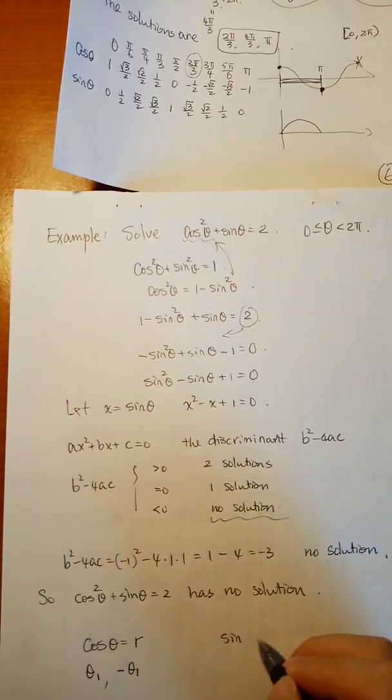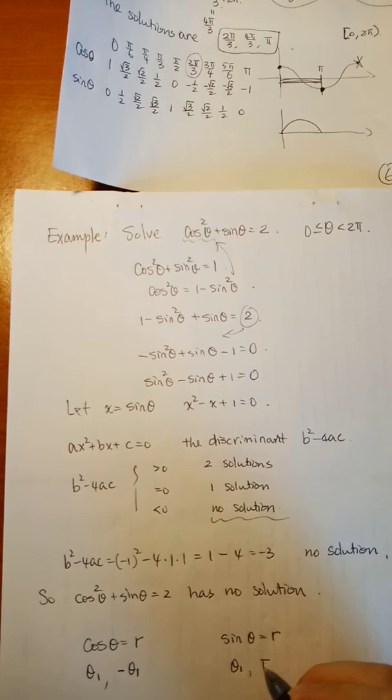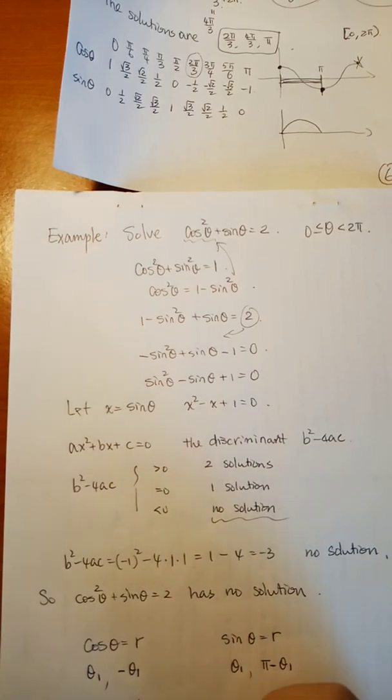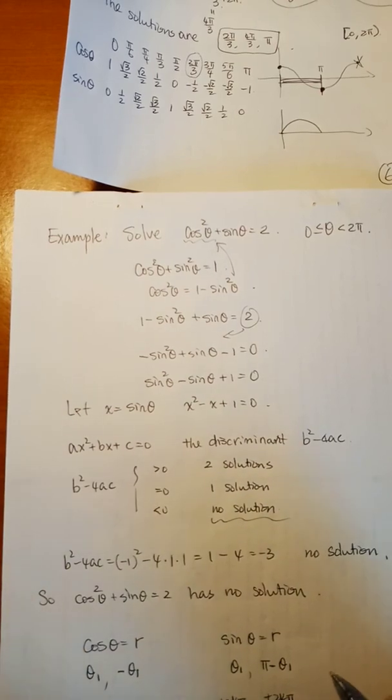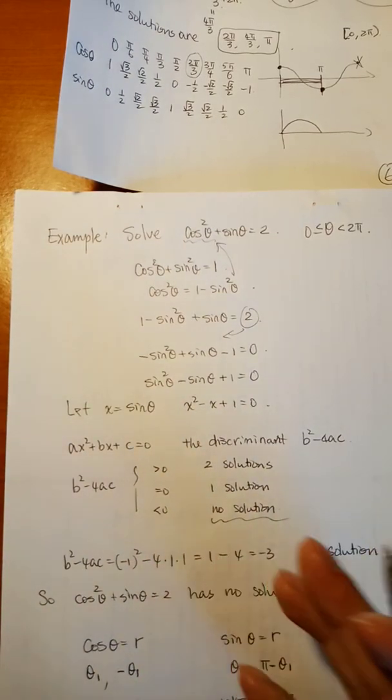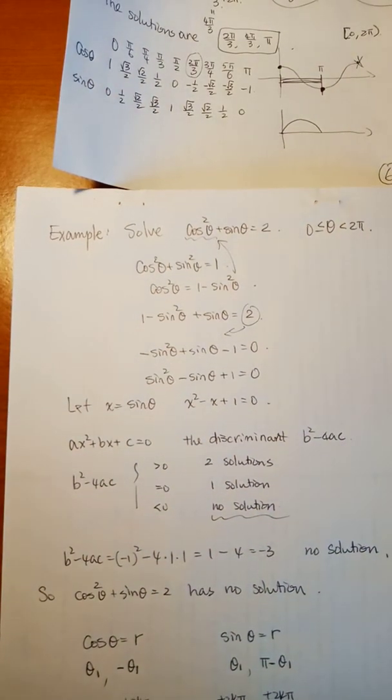If you have a sine, you have one angle, you use pi minus that angle, you get the second one. And then you will add 2k pi to each. If there is a restriction on the domain, you are going to properly choose k in order to make these solutions inside the domain. So that's the complete solution.